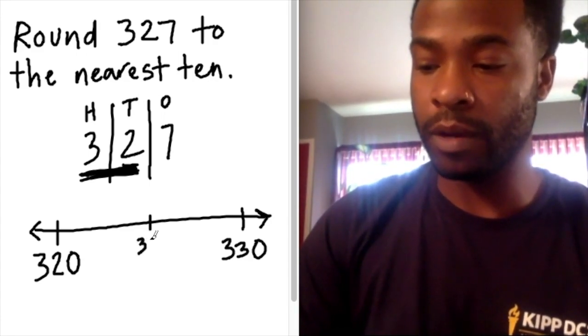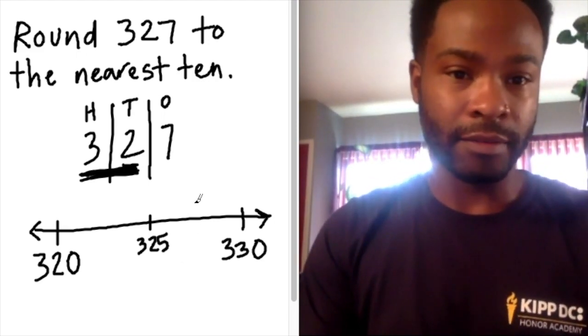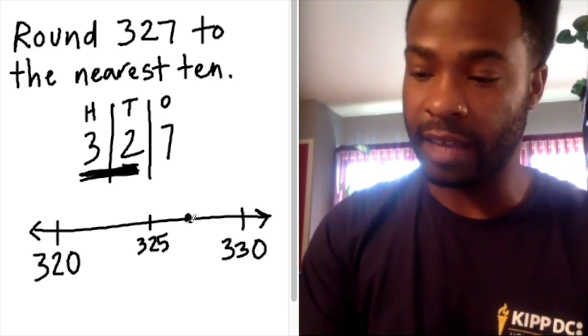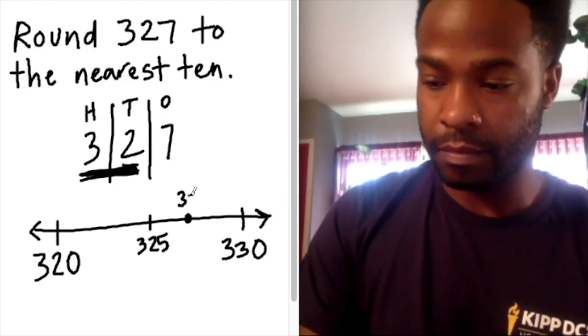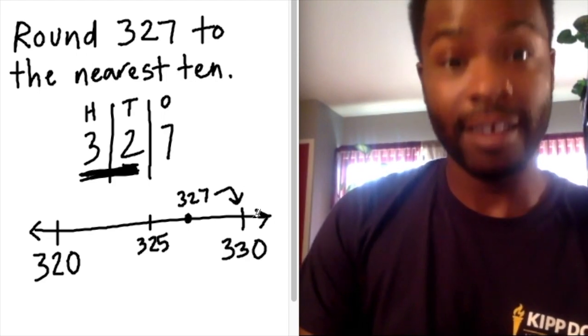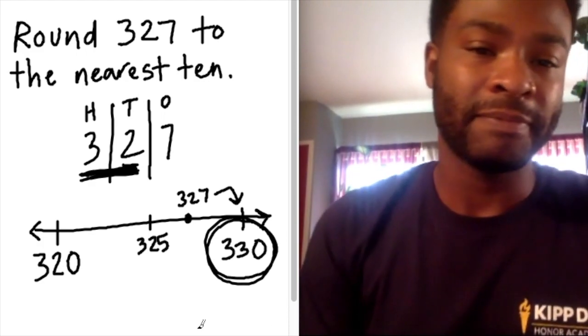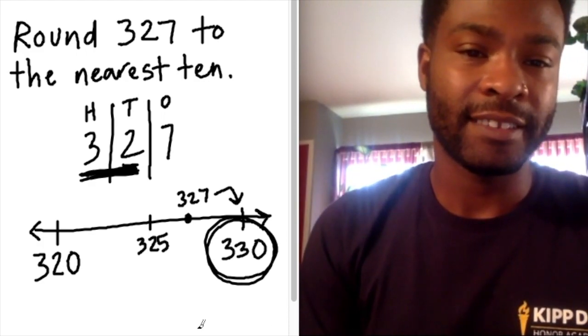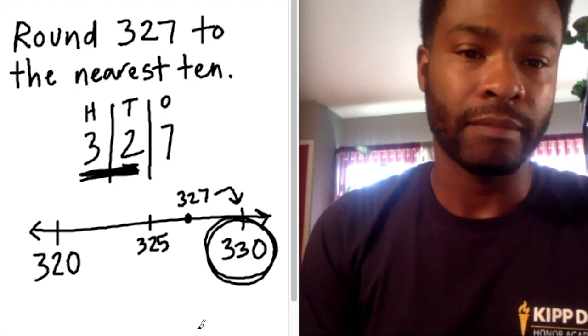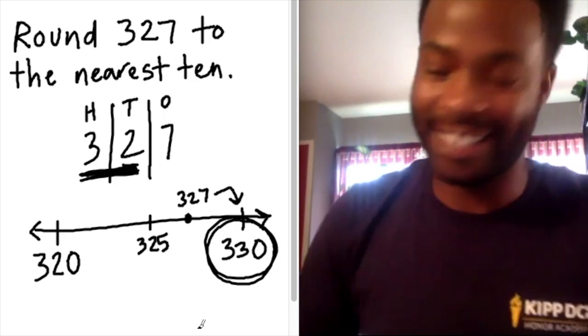That's my midway point. And now we just plug in our number. We plug in our 327. There it is. It's closer to this one. So 327 rounded to the nearest 10 is 330. Thank you so much.